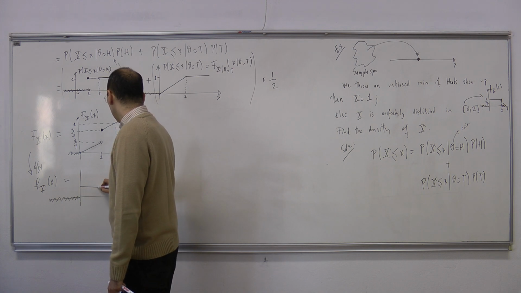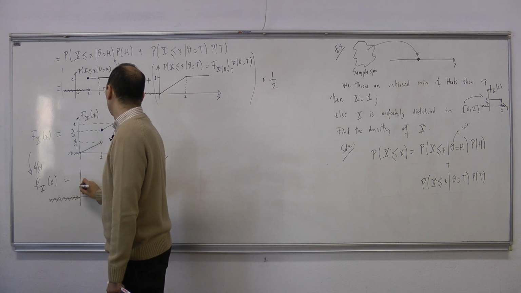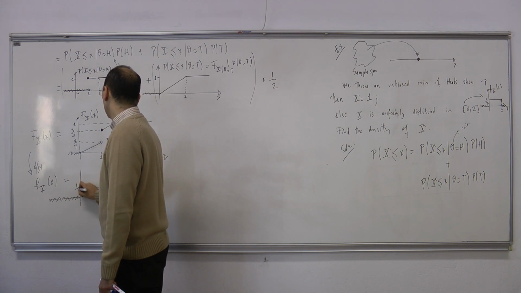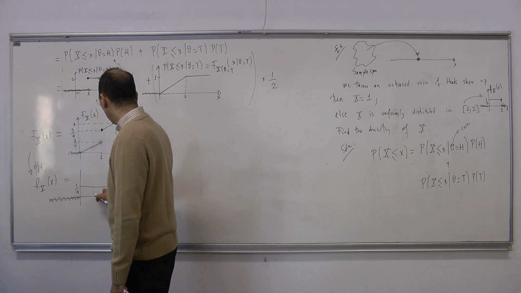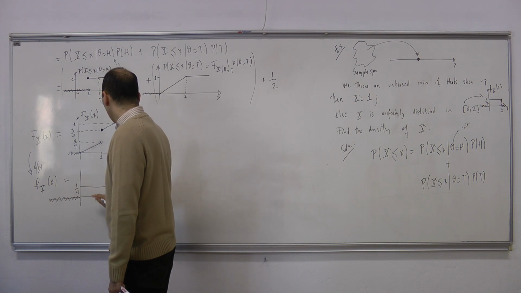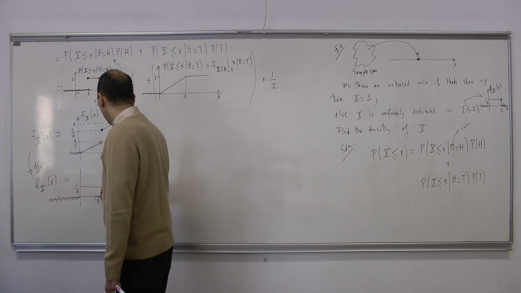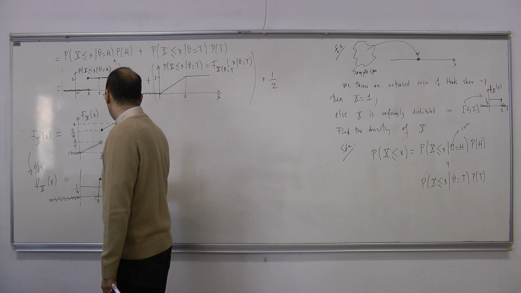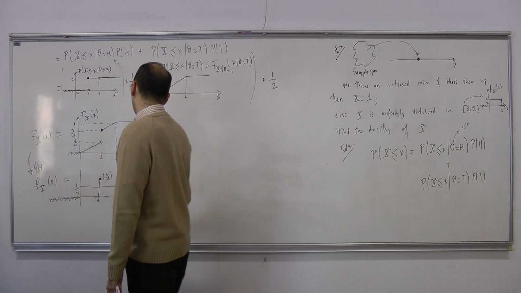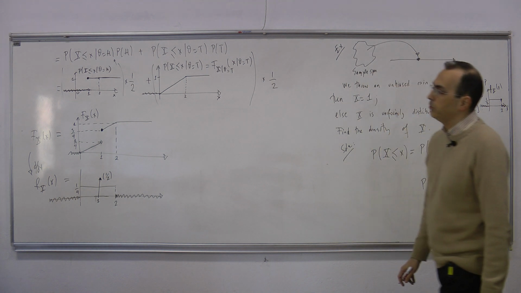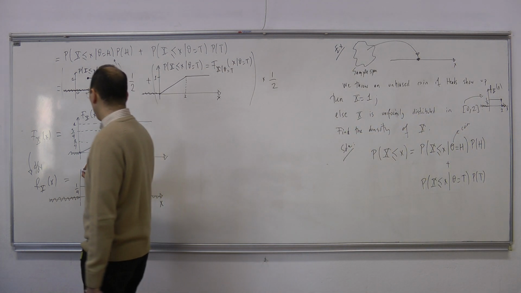In between 0 and 2, the slope is 1 over 4, and at 1 there's an impulse. Okay, and this impulse has, let's say, weight 1/2. Okay, so this is our PDF function.